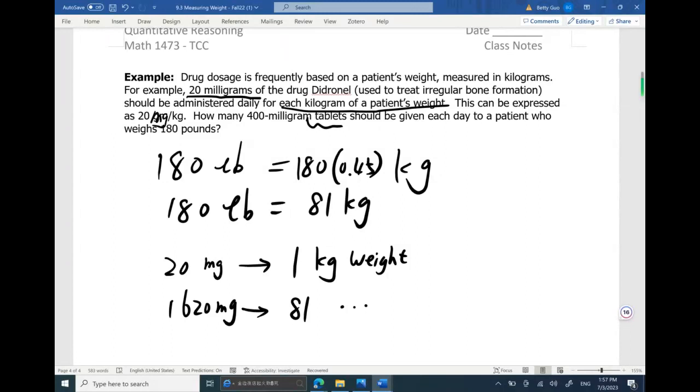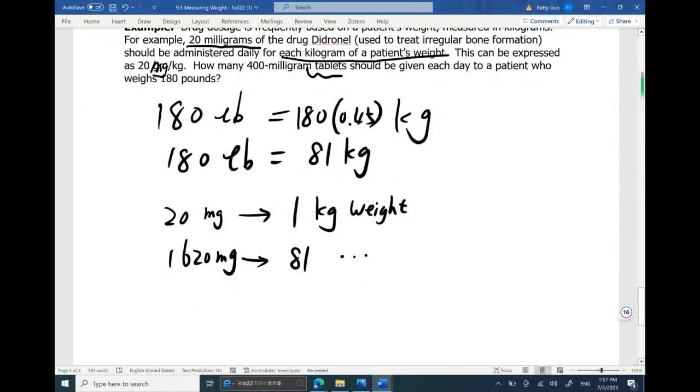So that's how many milligrams you need to give that patient for that day. And a tablet is a 400 milligram tablet. So you would have to divide 1620 by 400.